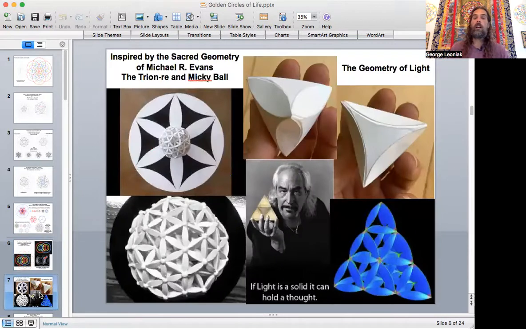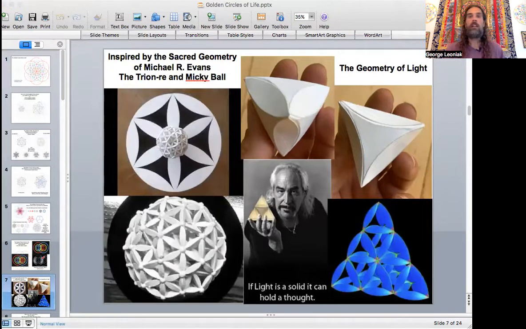So recently, I got in contact with Micheal Evans through Facebook, and his work is just phenomenal. We had a conversation on the phone about his work with the Trion-re and the Mikey Ball. I didn't even know, and it was a little embarrassing on my phone call with him, that he was the one who created the Mikey Ball, which is this structure here.